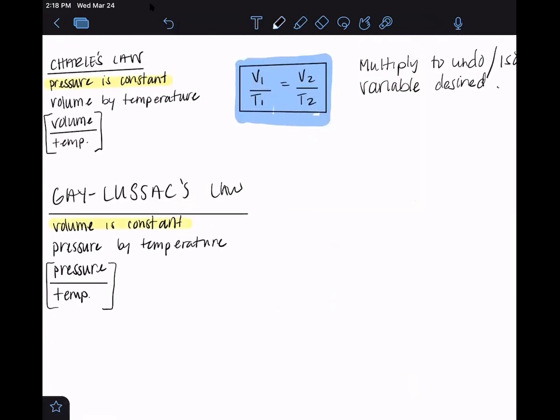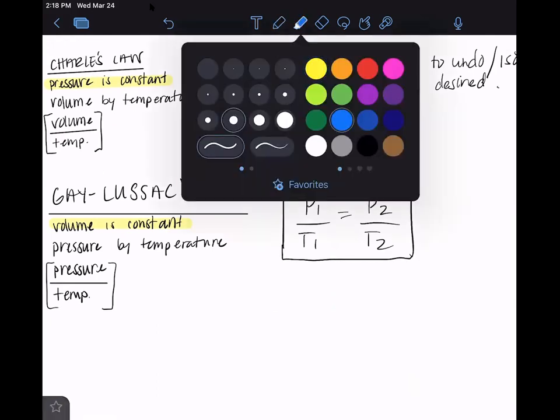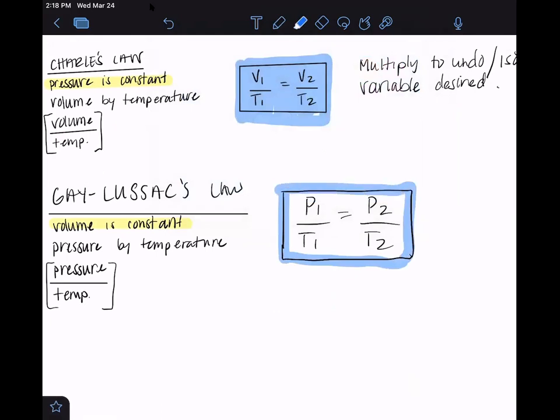It's very similar to Charles's law, where we're just going to have P1 over T1 equals P2 over T2. Again, you're going to multiply to get what's desired. These are very similar.